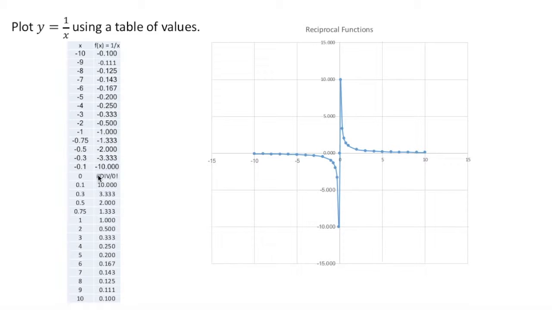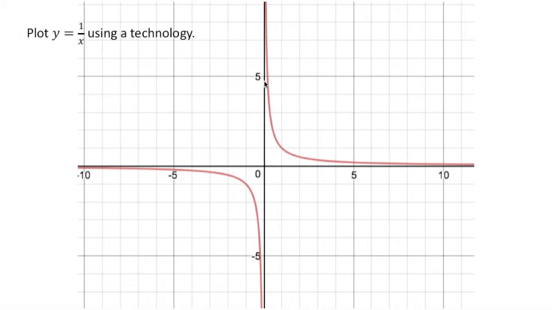And the closer x gets to 0, the bigger the absolute value of y gets. It will be very close to the x-axis, and as you get closer and closer to the y-axis, it gets bigger and bigger in absolute value terms. What happens when x gets to 0 exactly? It's undefined. If we plot this on a graphing program, it looks like that.